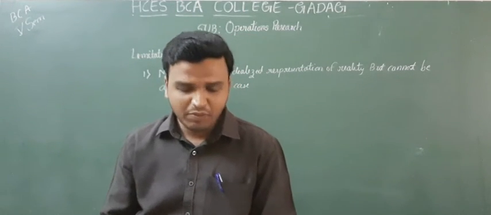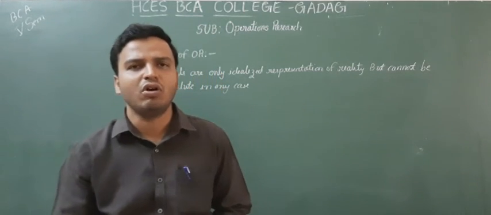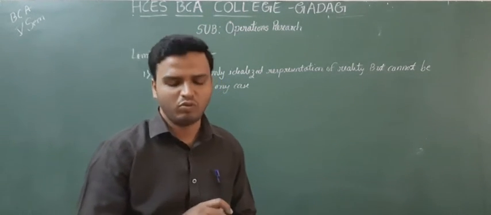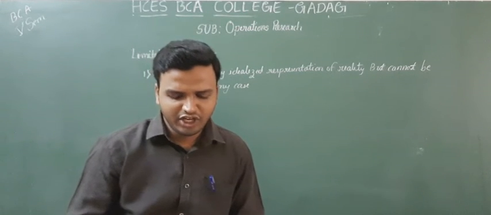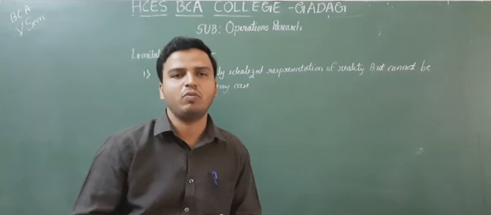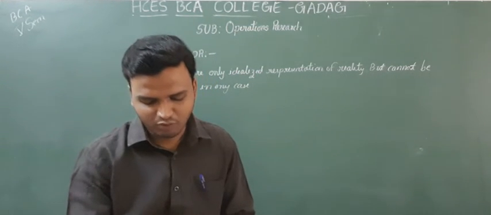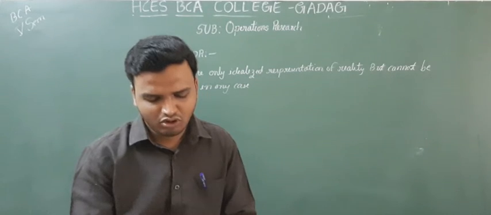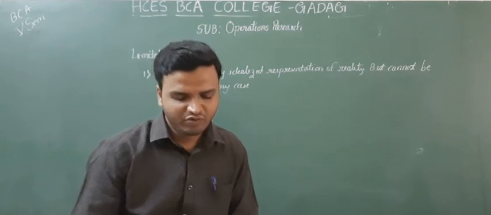The second one is mathematical models. Whatever the models we have used on the basis of quantitative factors, those models are applicable only to specific categories of problems, as they do not take into account qualitative factors.